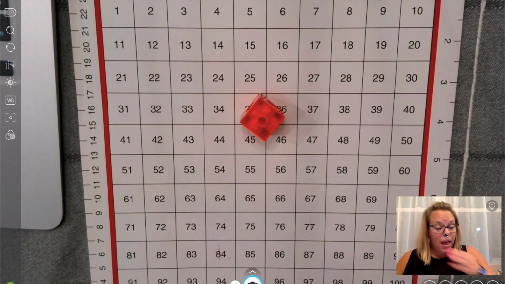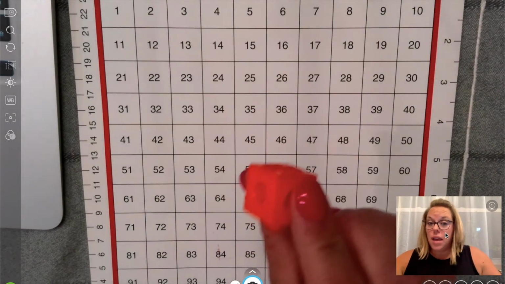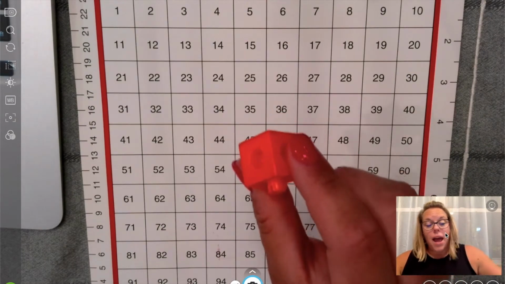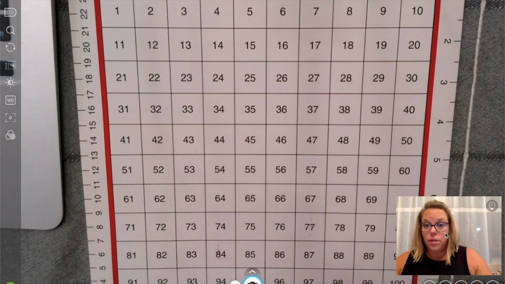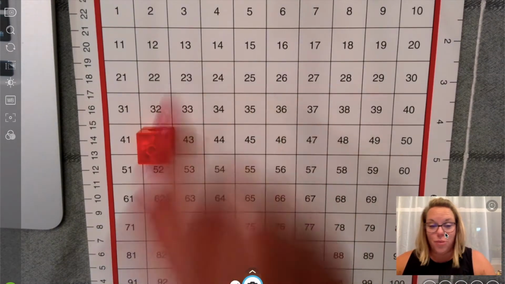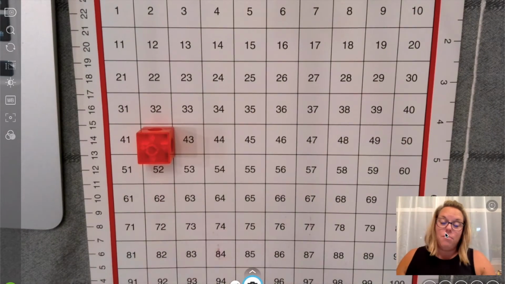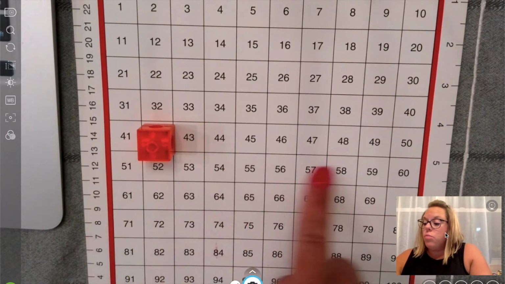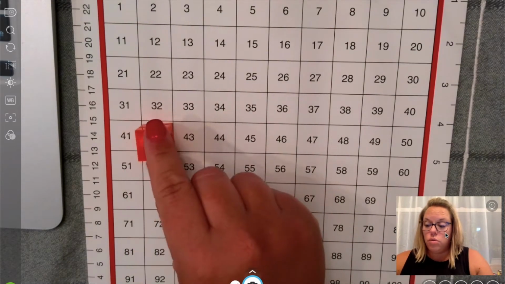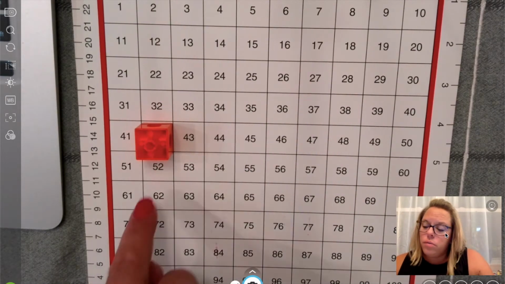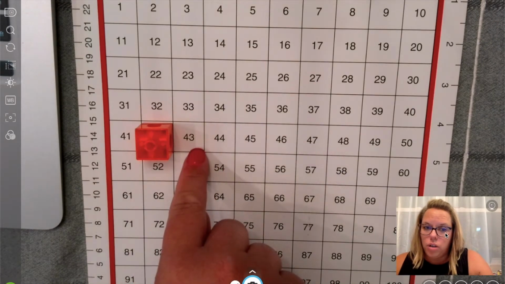So for today, I would like you please to take your linking cube and put it on the number 42. Notice it's in a row of 40s. It's on 4, 2, 42. What number is to the right of 42?